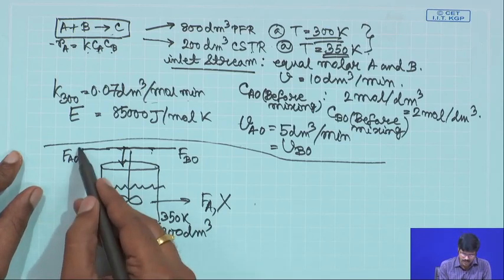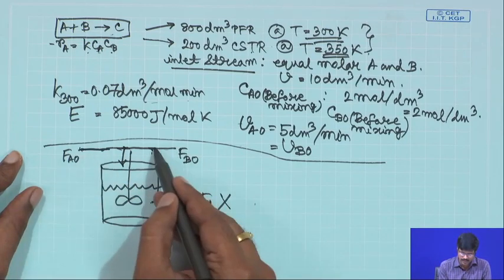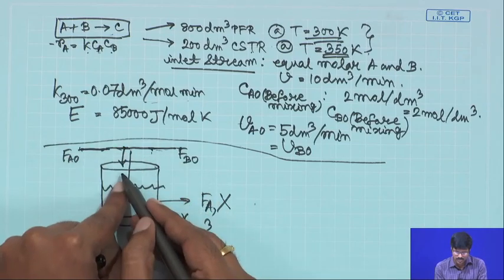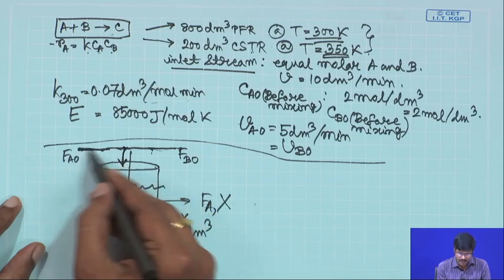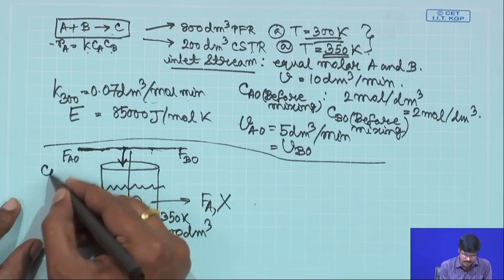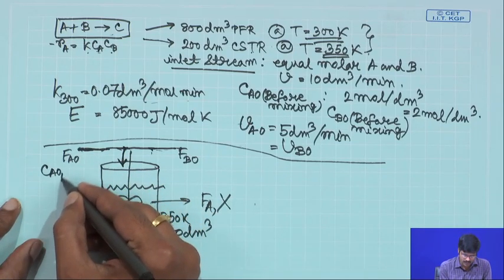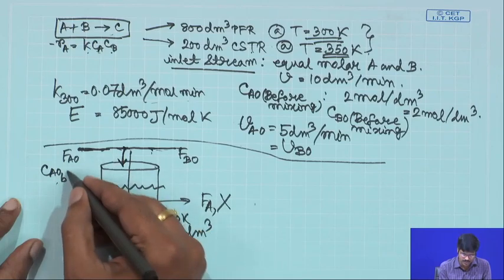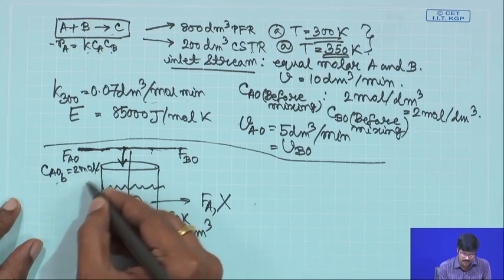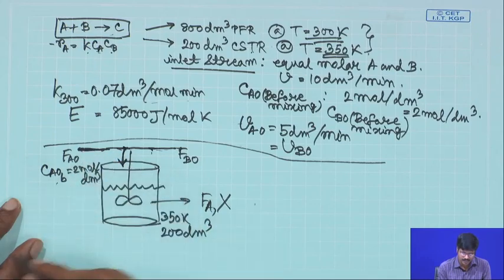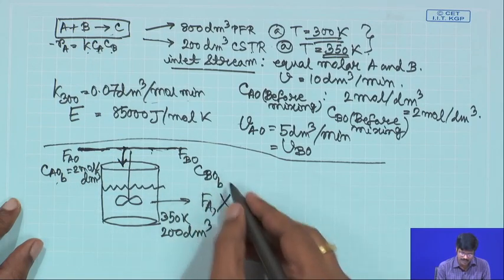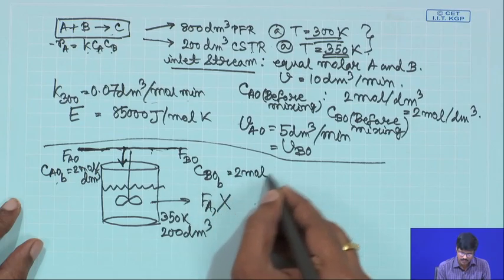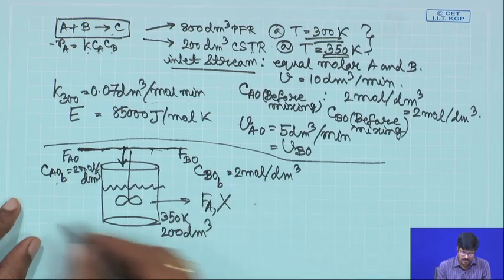A separate stream of A is coming in and a separate stream of B is coming in, and then they come together. In this you have equal molar A and B, and here, looking at C_A0, I am just putting a small b. So, C_A0 before mixing is 2 moles per decimeter cube, and C_B0 before mixing is 2 moles per decimeter cube.